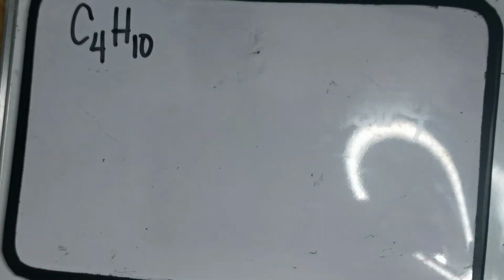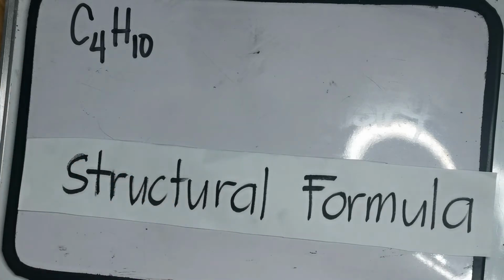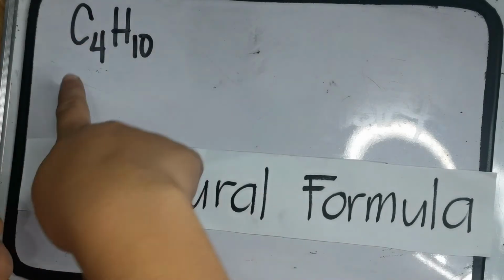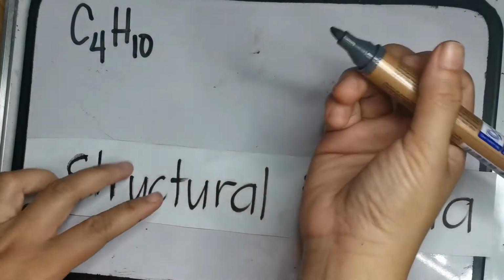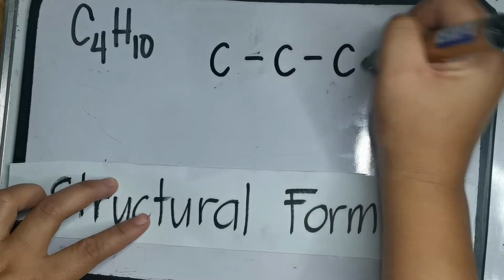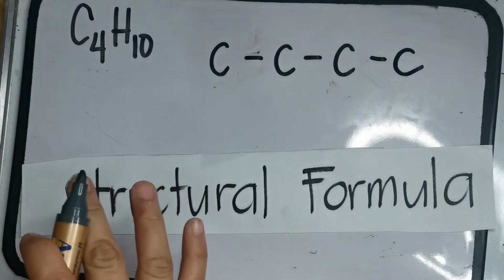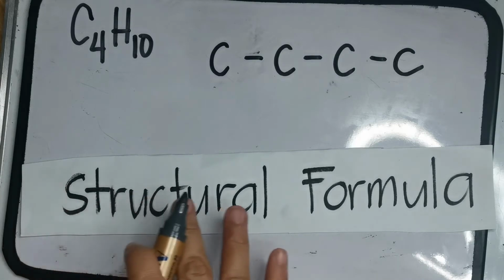Now, next, let us try to find what is the structural formula of this C4H10. Okay, the structural formula, so it means we have four carbons, which can be written like this. Then we have 10 atoms of hydrogen.